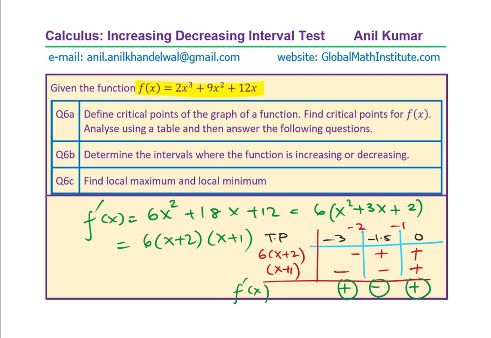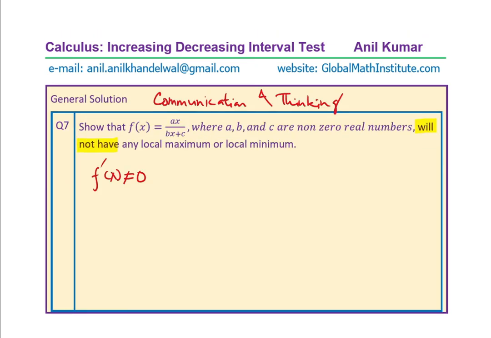We are looking for increasing and decreasing intervals. So now you can write down the answer clearly, right? So this is local minimum, local maximum, correct? And then answer all the questions, clear? So likewise, you can answer all these questions.